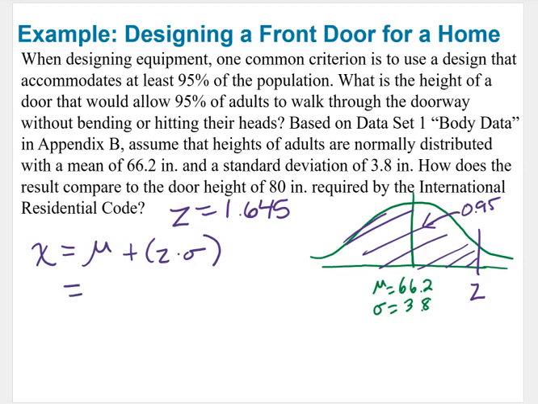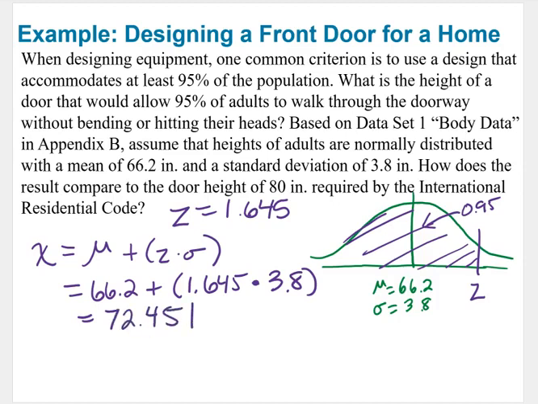All right, so I know the mean of my population, plus I'm going to take that z-score and multiply it by my standard deviation, and I'm going to plug that in my calculator, and that tells me that I get 72.5. Well, if you want to get technical, it's 72.451. If I would round that, I probably would round that up.